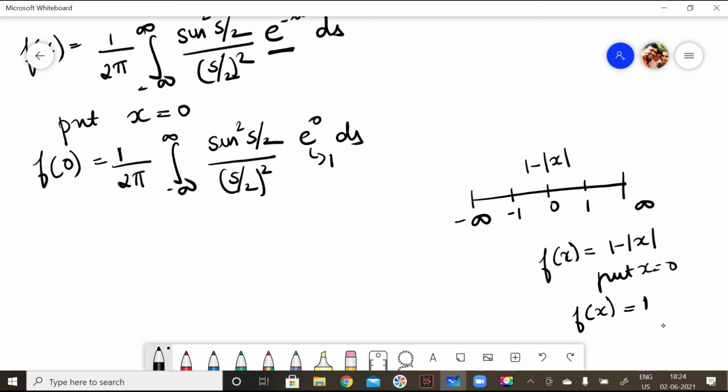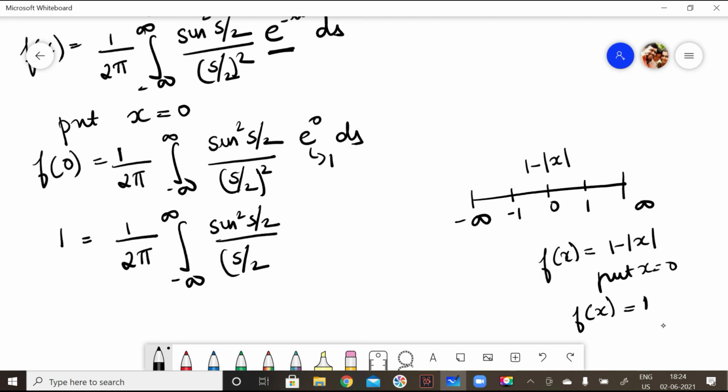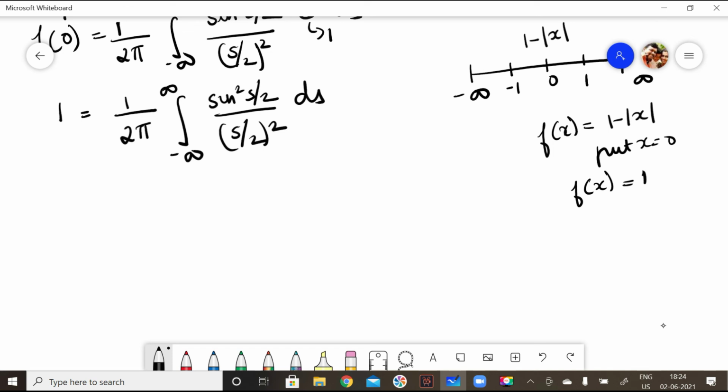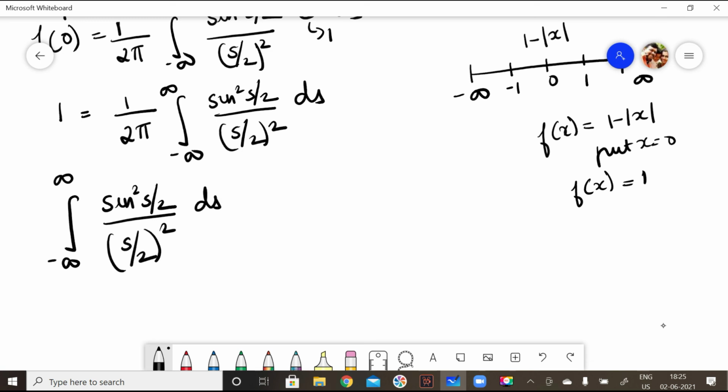So f(0) is 1. So 1 is equal to 1 by 2 pi, integral from minus infinity to infinity of sine square s by 2 by (s by 2) the whole square ds. I rewrite this now: the integral is equal to 2 pi.